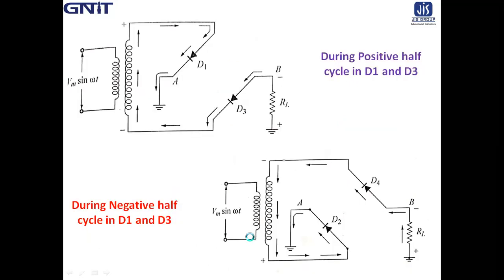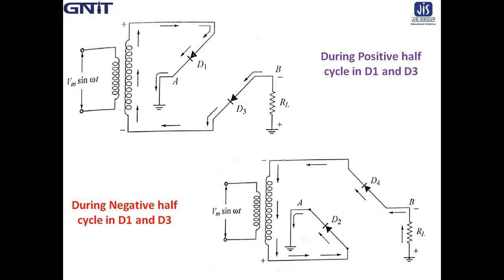Now during the negative half cycle of the secondary voltage, diodes D2 and D4 become forward biased, and diodes D1 and D3 become reverse biased. So only diodes D2 and D4 conduct. These two diodes are in series through the load RL.